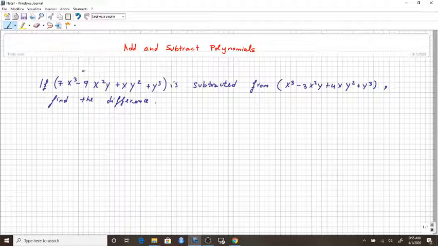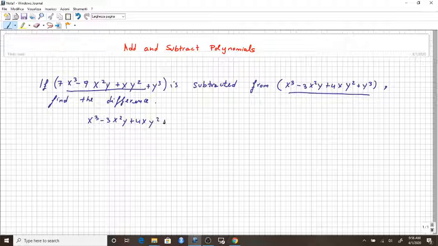If this expression is subtracted from that one, I'm going to start from the one on the right-hand side of the page, which is x cubed minus 3x squared y plus 4xy squared plus y cubed, and then minus, so I'm going to subtract 7x cubed minus 9x squared y plus xy squared plus y cubed.